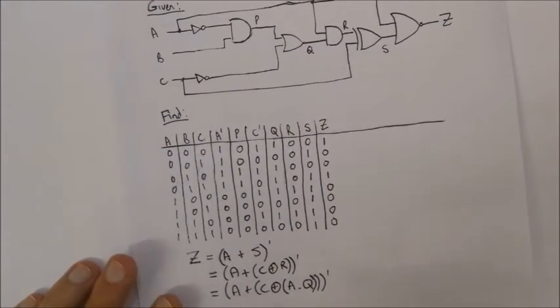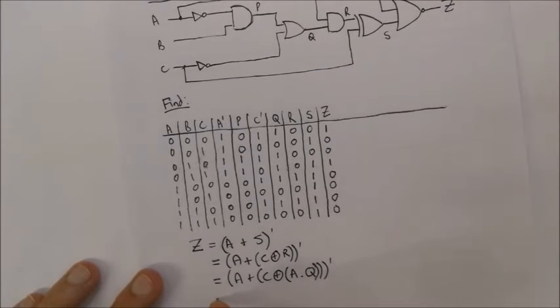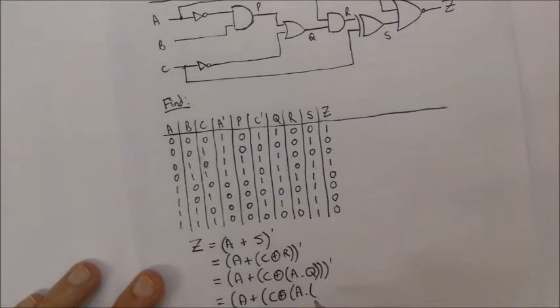So we can represent this as A or C XOR of A and what is Q? We say that Q is equal to C NOT or P, and that's all NOT.